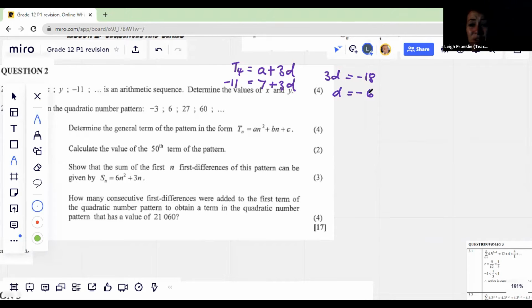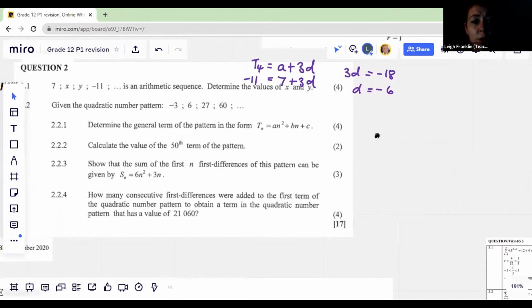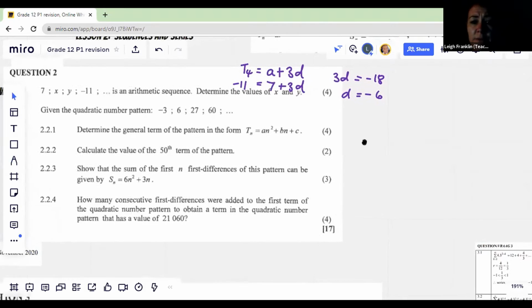Have we answered the question, though? We haven't, have we? Now that we know what the difference is, we can go ahead and answer the question. What does X have to be, Matrix?